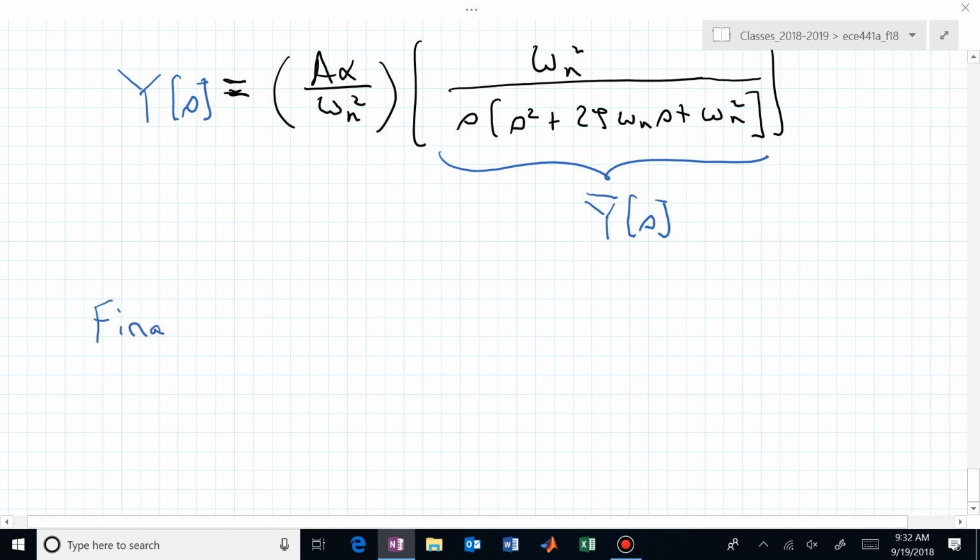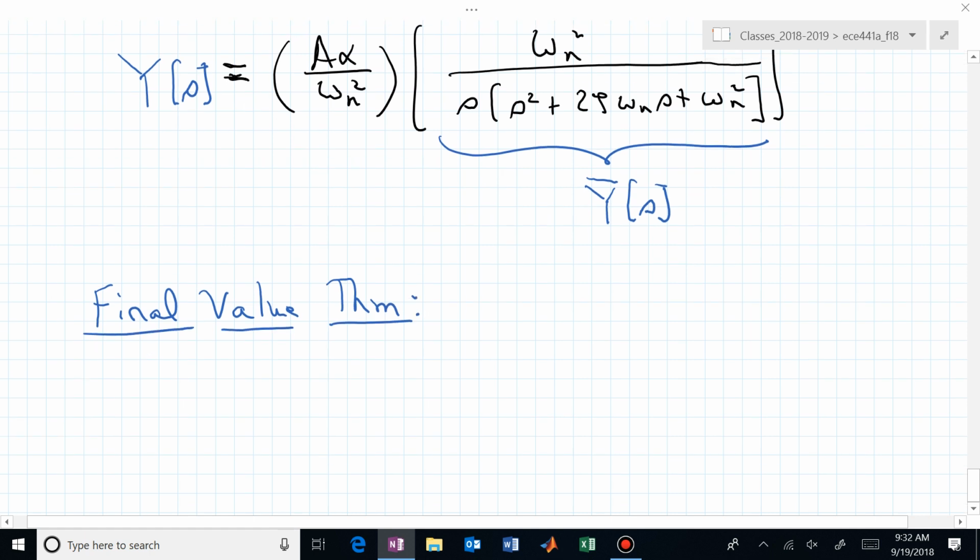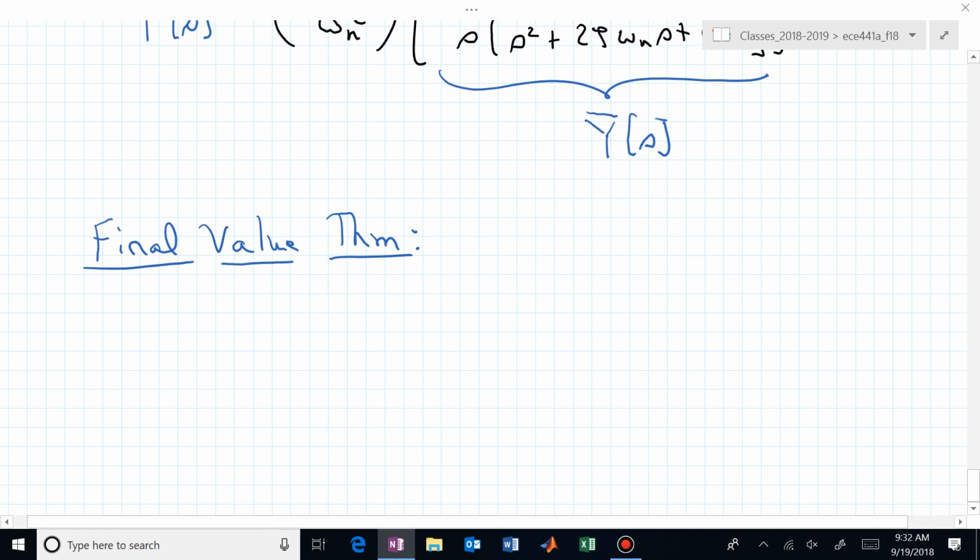Let me convince you of that, or at least show you the final value theorem. This is now y bar final value. That's the limit as t goes to infinity of y bar of t. But that's just the limit.